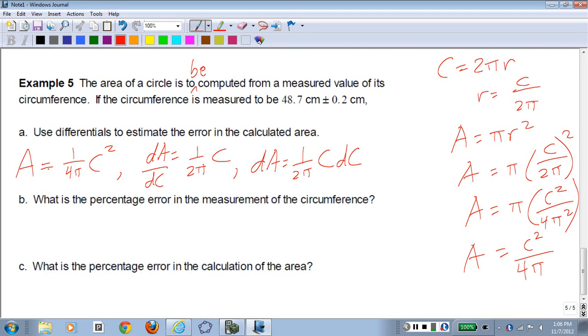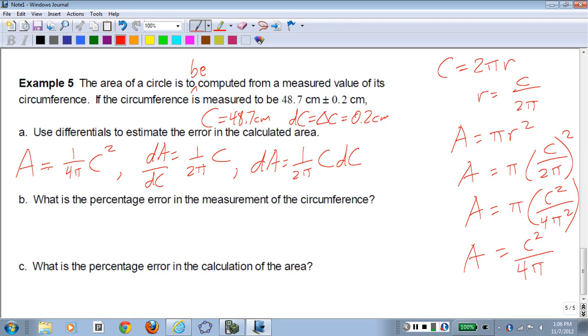C equals 48.7 centimeters. That's the measured value of the circumference. dC, or delta C, equals 0.2 centimeters.